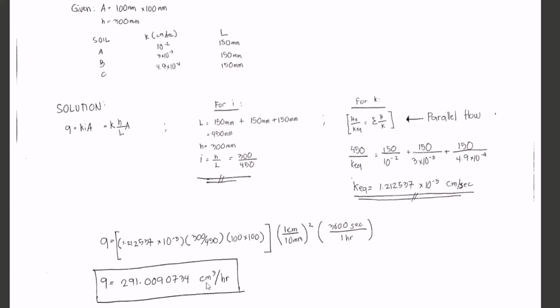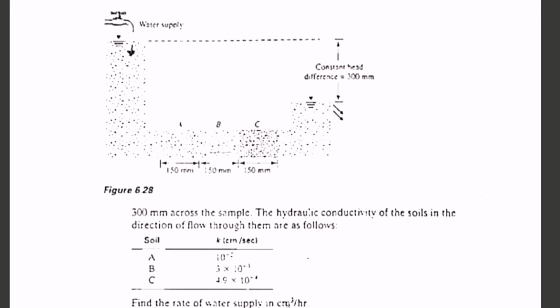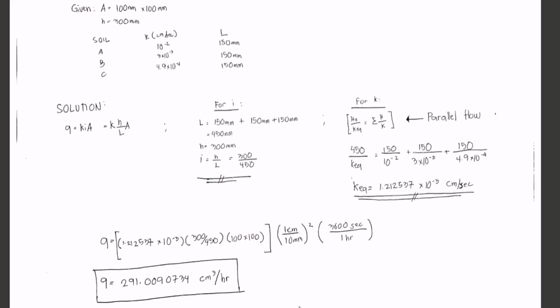Since cubic centimeter per hour ang hinahanap, kaya convert na natin yung sagot niya. So, millimeter, gawin natin centimeter. 1 centimeter is equals to 10 millimeter, so, squared. Tapos, 3,600 seconds is equals to 1 hour.